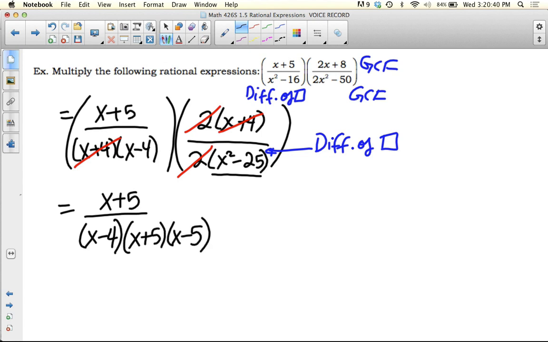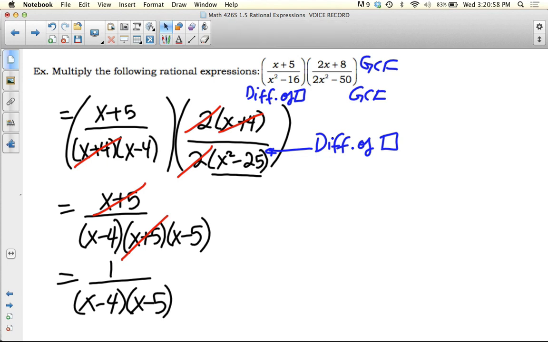And if we see what we have there, we can cancel off the x plus 5 and x plus 5, and we're left with 1 over x minus 4 times x minus 5. Okay, and that's your final answer for the multiplication.